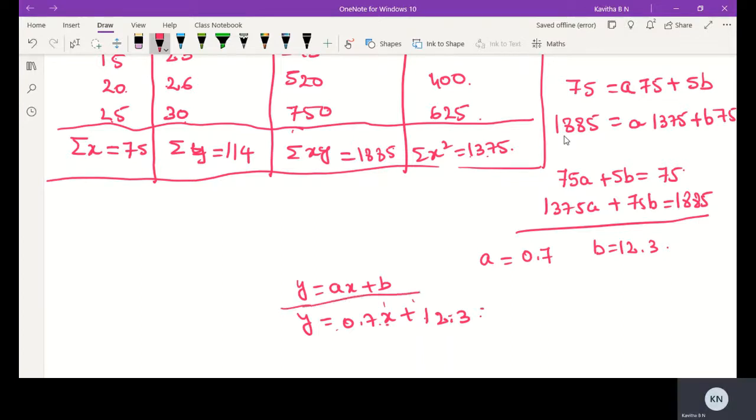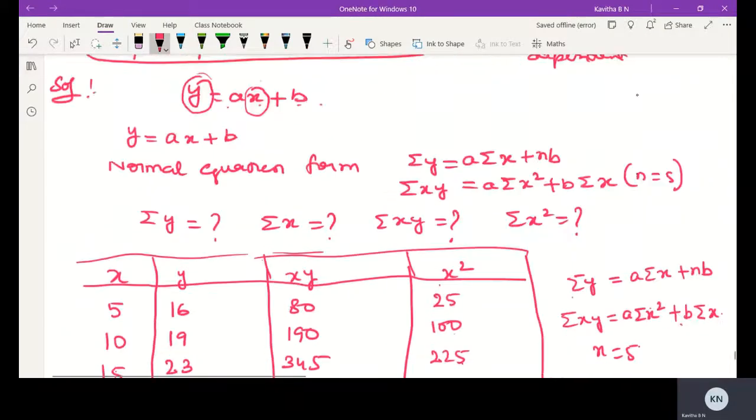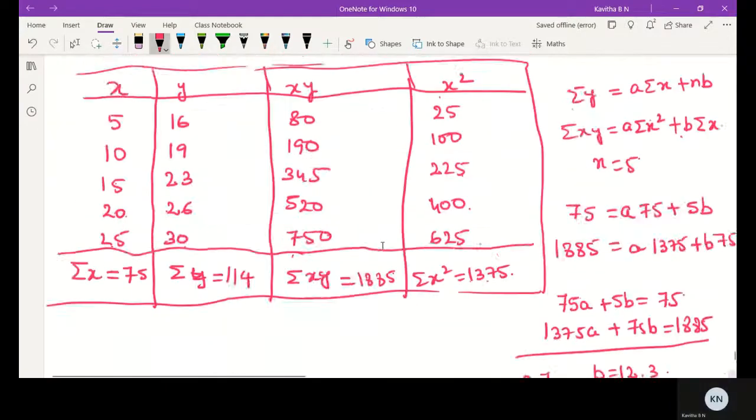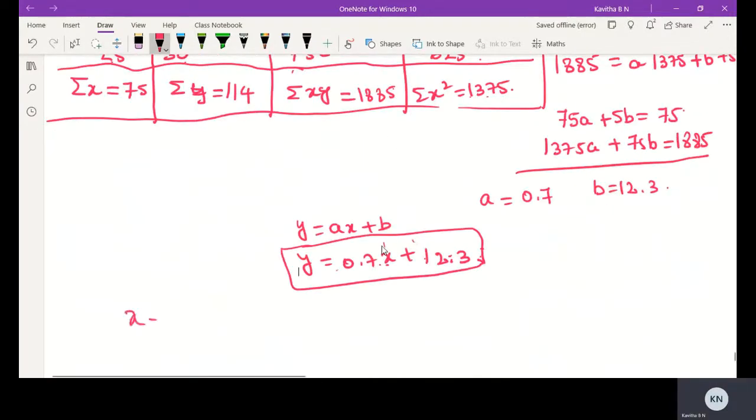Now y is equal to 0.7x plus 12.3. Then what do we need to find? We need to find the dependent variable. Your independent variable is given here. Observe the problem: the dependent variable corresponding to 30 of the independent variable. Your x value is given, meaning the independent value is given. X is equal to 30. Means y is equal to 0.7 into x plus 12.3.